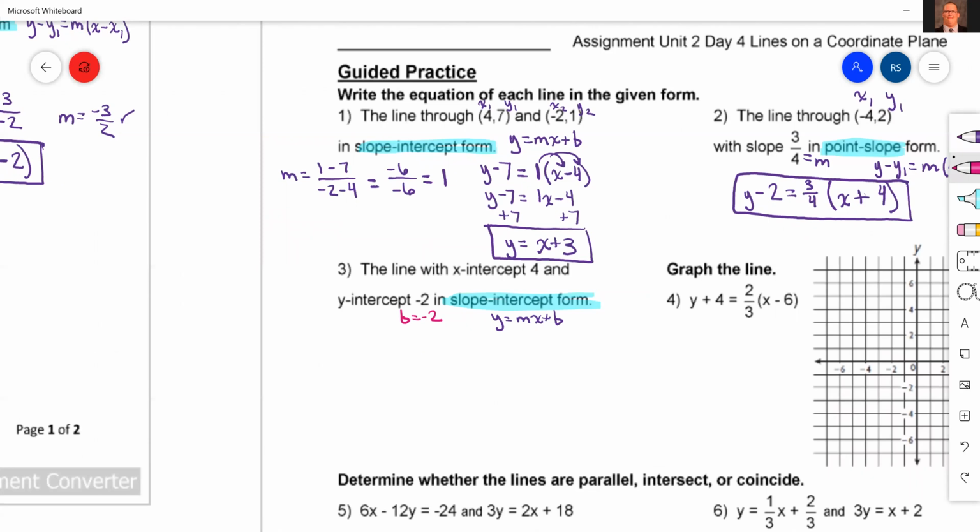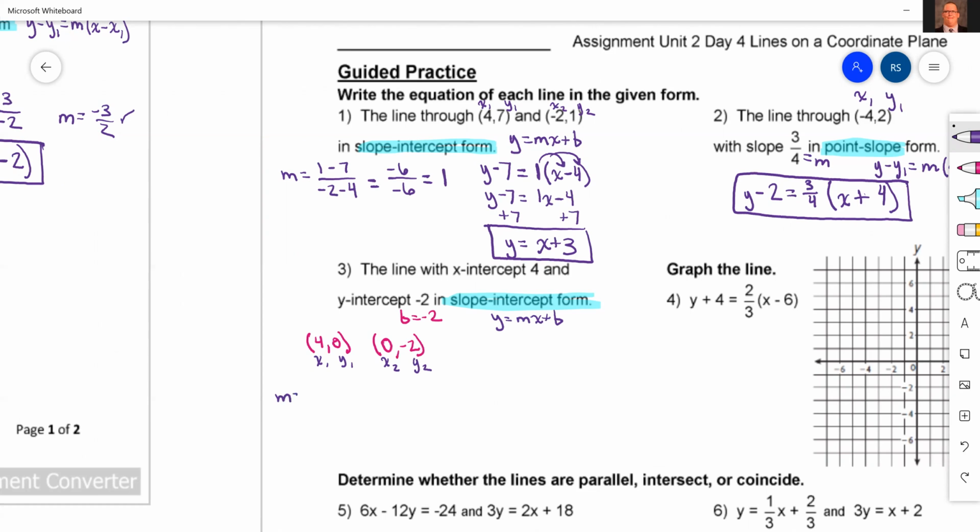So our x-intercept is the point (4, 0). Our y-intercept is the point (0, -2). Now I can use that to find slope. x1, y1, x2, y2.